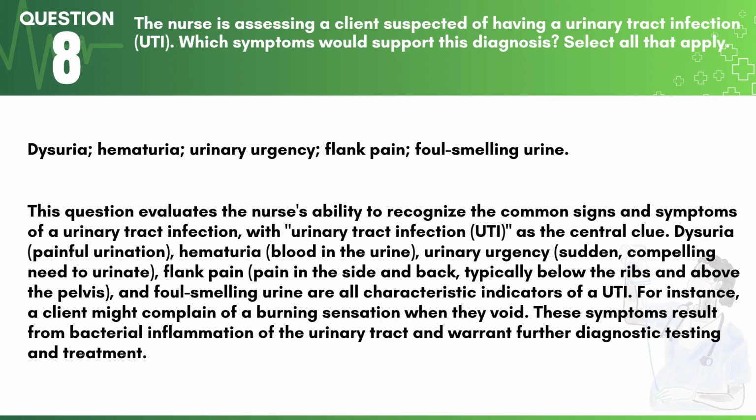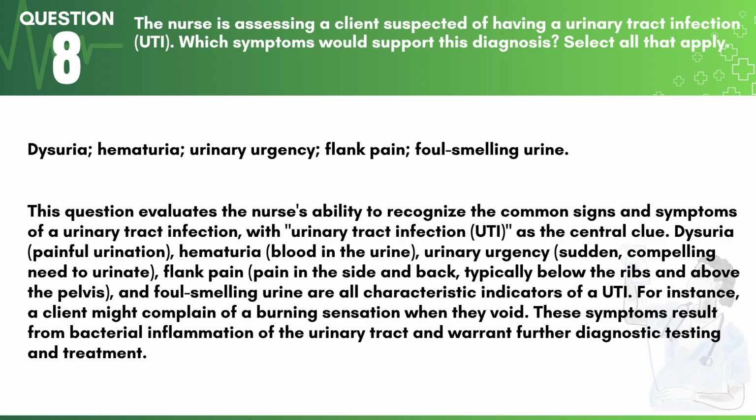Answer. Dysuria, hematuria, urinary urgency, flank pain, foul-smelling urine. This question evaluates the nurse's ability to recognize the common signs and symptoms of a urinary tract infection, UTI, as the central clue.